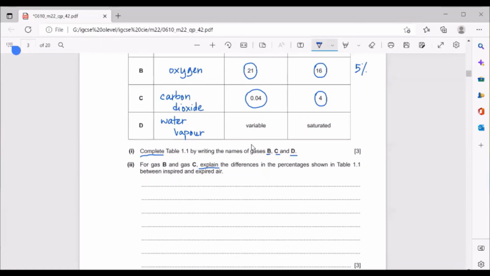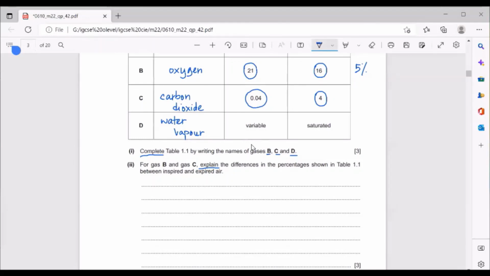So therefore, the body has to absorb oxygen, and this oxygen will be used in aerobic respiration by the cells. On the other hand, carbon dioxide is a product of aerobic respiration. The body cells produce carbon dioxide during respiration, and this carbon dioxide will diffuse out of the cell into the blood, in which the blood will carry it to the lungs.